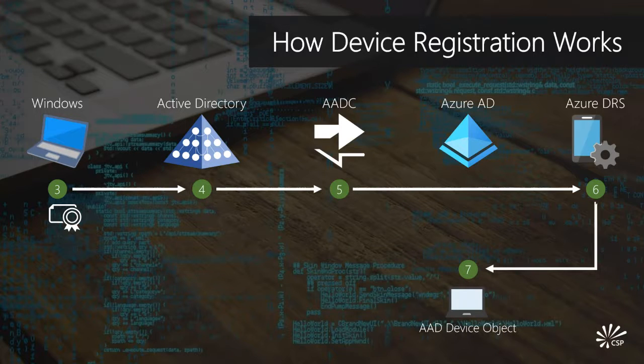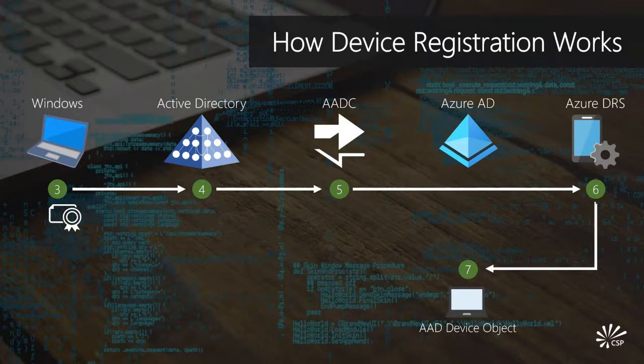Because Azure AD trusts what Azure AD Connect synchronizes, it will then trust that this self-signed certificate belongs to our computer, because it's coming from a trusted source, which is Active Directory. At this stage, if you looked at the Azure AD portal, the device object will show up, but it's not fully joined yet. Its status will be pending.